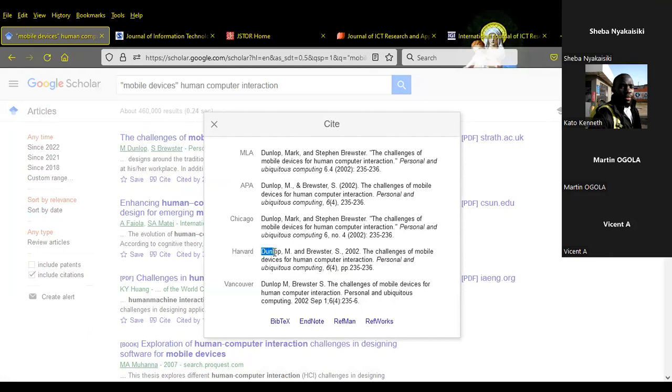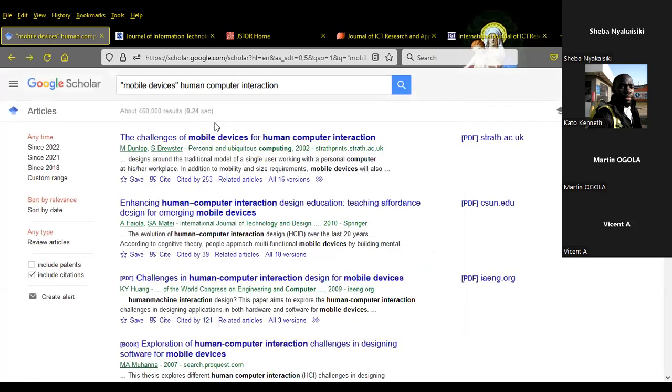UMU uses Harvard. You can decide to copy and paste. So it gives you the citation and the format without you struggling to go through a particular format. You can either use that or APA, one of those, and just copy and paste. So far, is that okay?